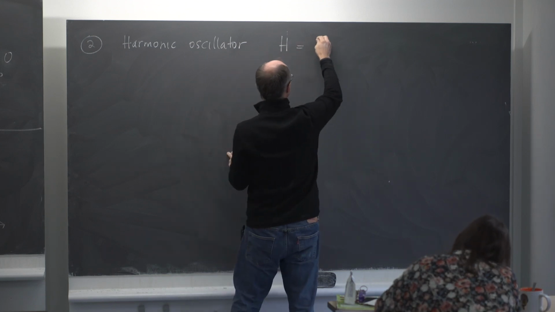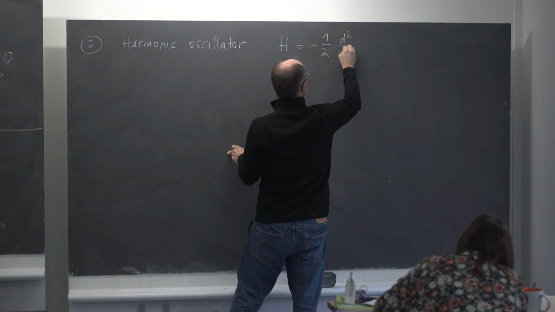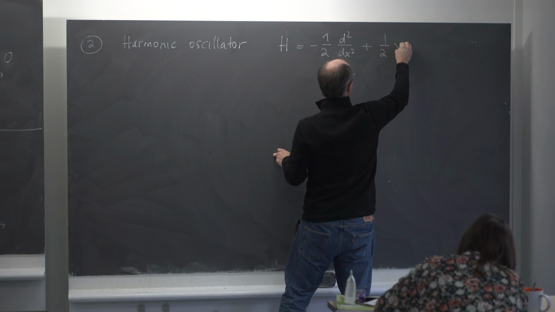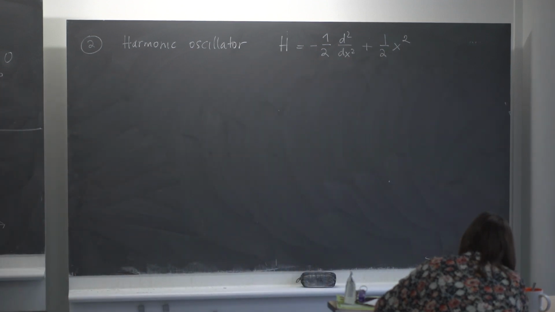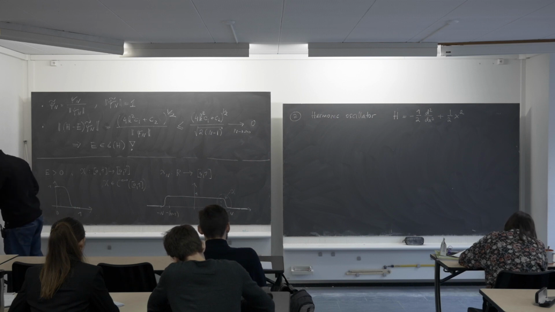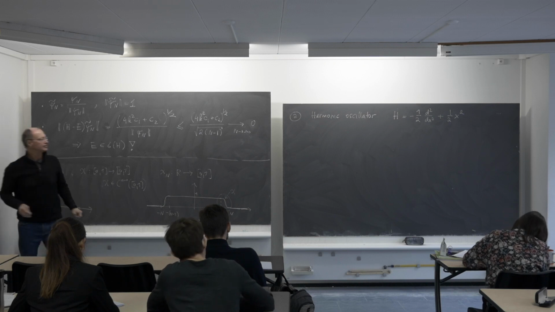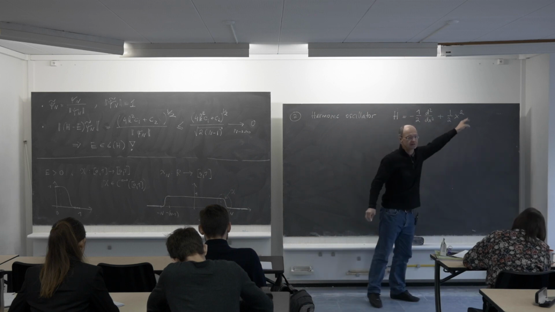So here let me keep the 1/2. I think I want to keep the 1/2 for historic reasons, because otherwise it will be perhaps too confusing later on. So that's the Hamiltonian.